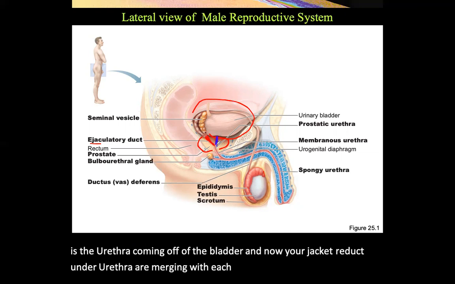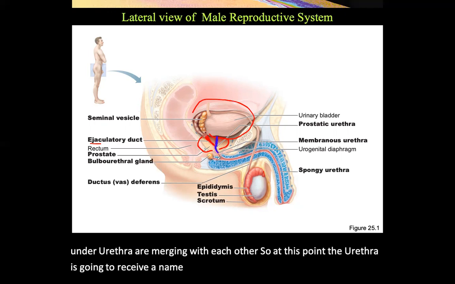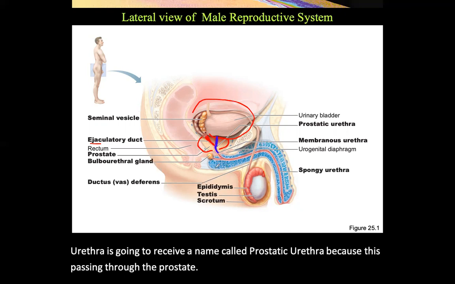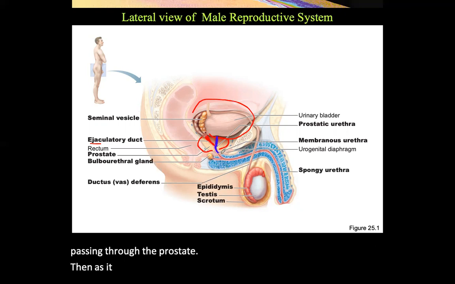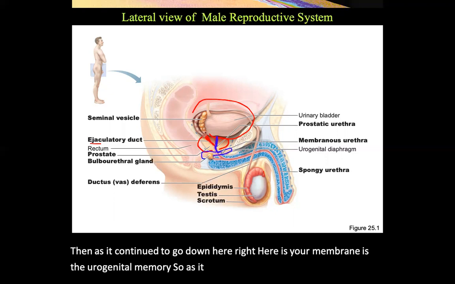At this point, the urethra receives the name prostatic urethra because it's passing through the prostate. Then as it continues down, right here is the urogenital membrane. As it passes through this membrane, it becomes this little tiny part.